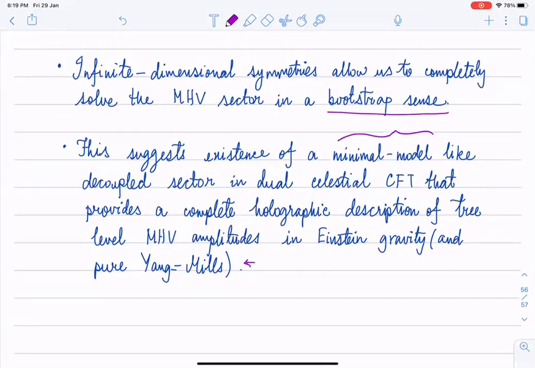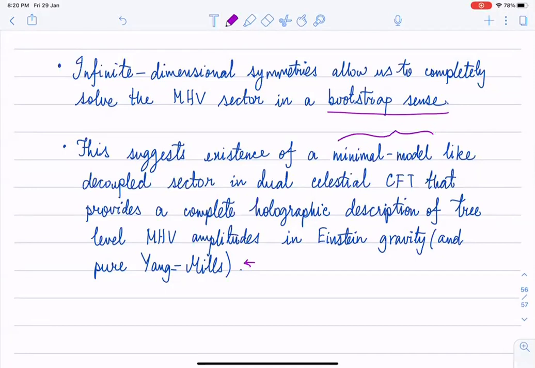Basically what this amounts to is that you can abstractly specify what the symmetries of your theory are, and there is a certain class of symmetries which single out a specific sector in the celestial CFT, and this sector is completely solvable.